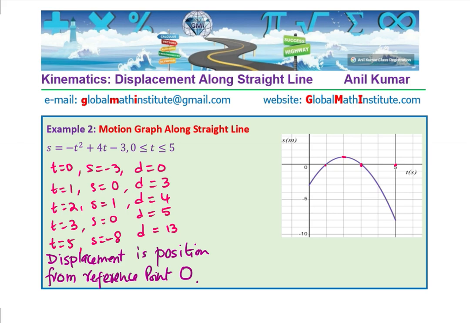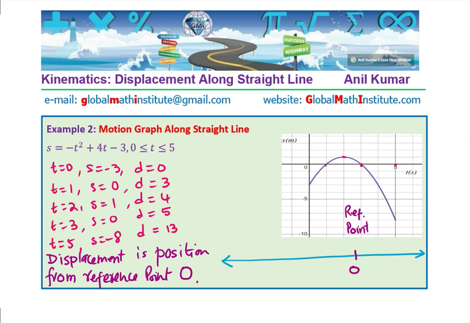So let me draw a line here. Now in this particular case, most of the data is on the left hand side. So I'll put O here. That is my origin. Origin here means the reference point, right? So this is my reference point. Do not get confused with the origin otherwise, but this is the reference point, right?